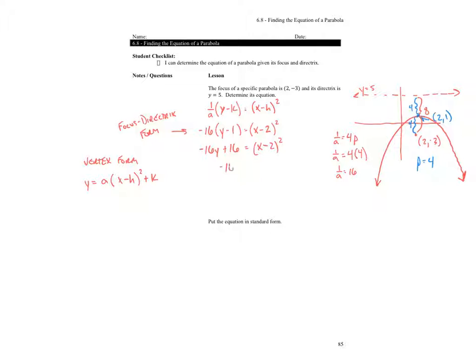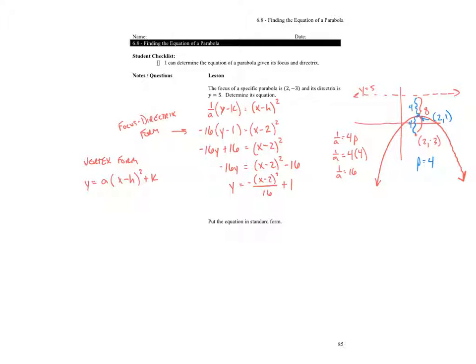Then I'd have -16y equals x minus 2 squared minus 16. All right, and then the last thing I'd do would be divide by -16. So I'd have y equals x minus 2 squared divided by -16, so that's going to be negative, plus 1, because -16 divided by -16 is +1.